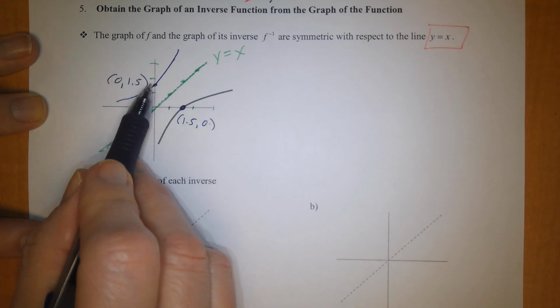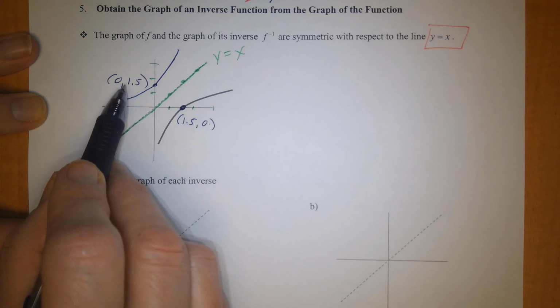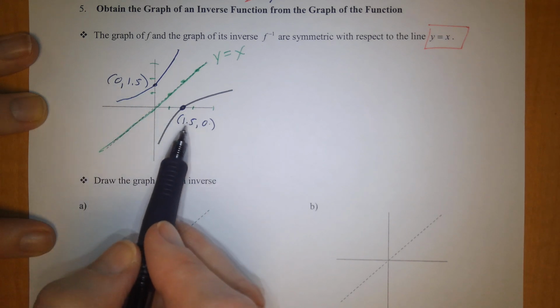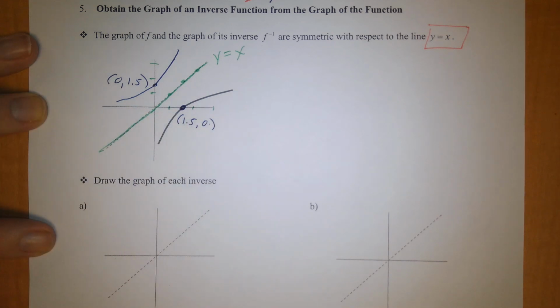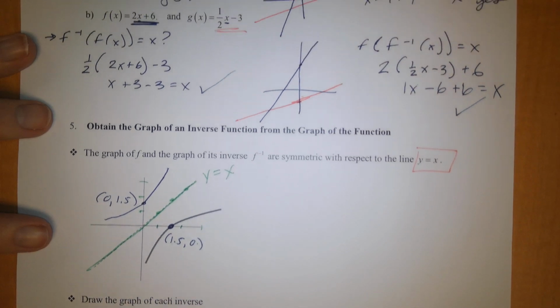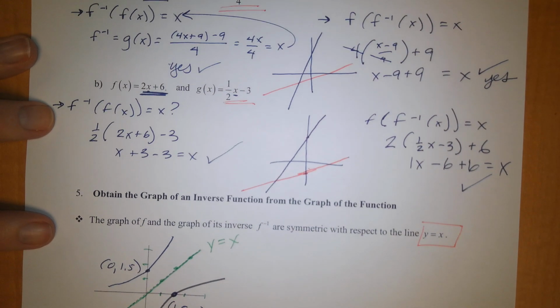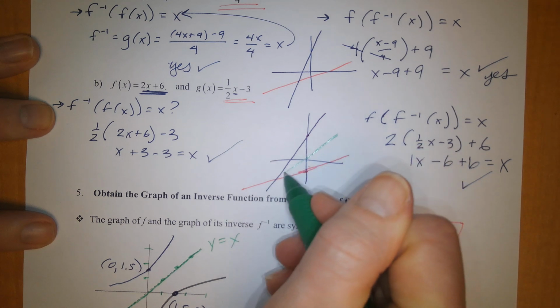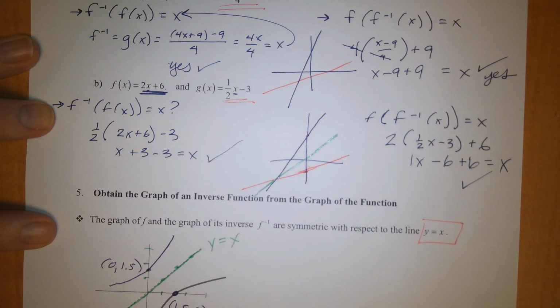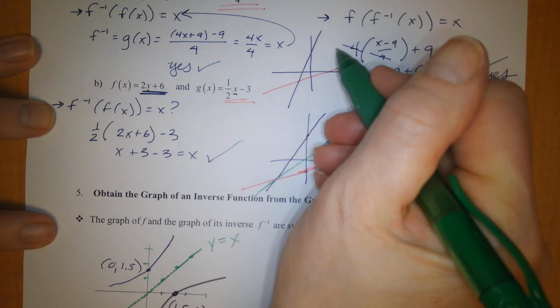So every x becomes the y, and every y becomes the x. So for every point on this function, you could just swap the x and the y. So to go back up here now, I can tell that these are inverses of each other, because when I draw that y equals x line down the middle, you can see these are reflections of each other.